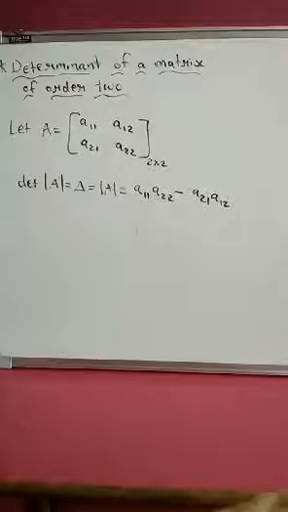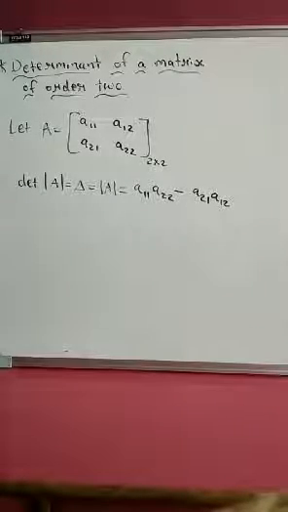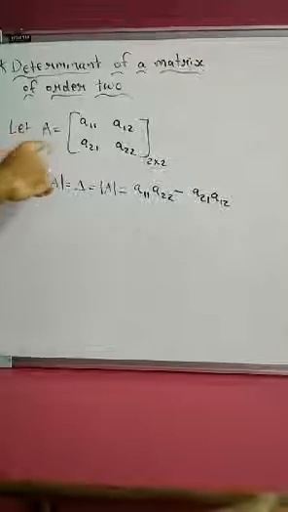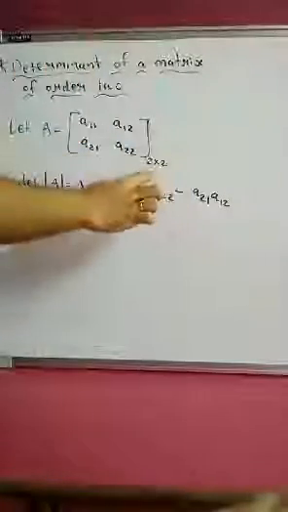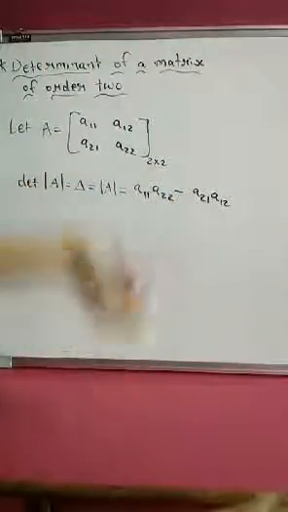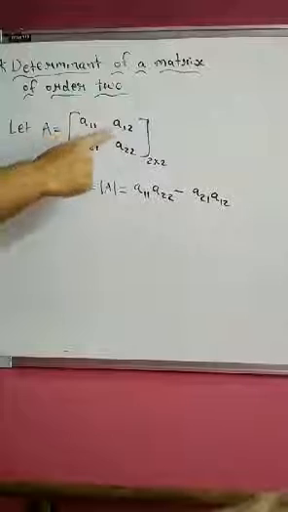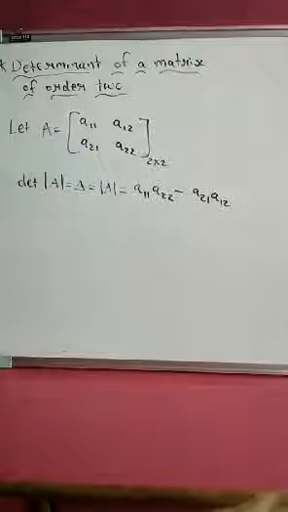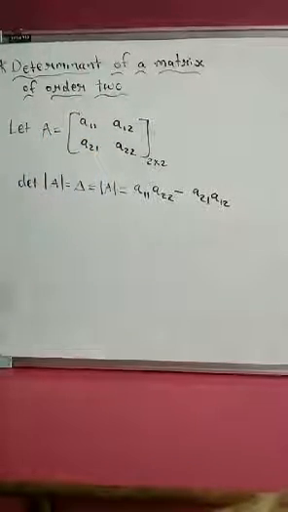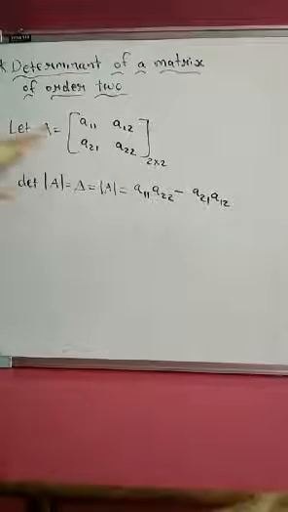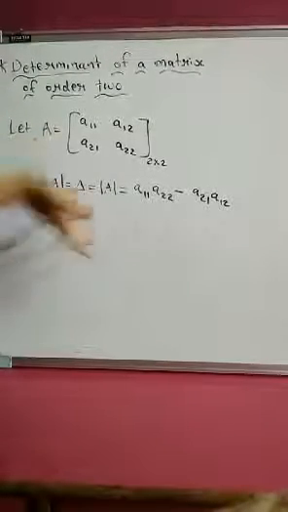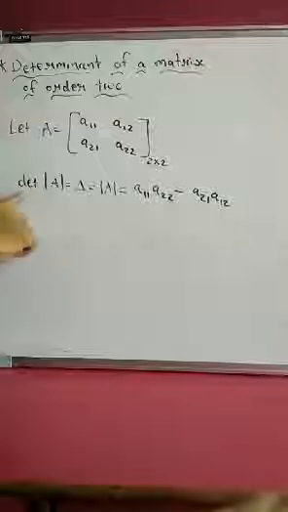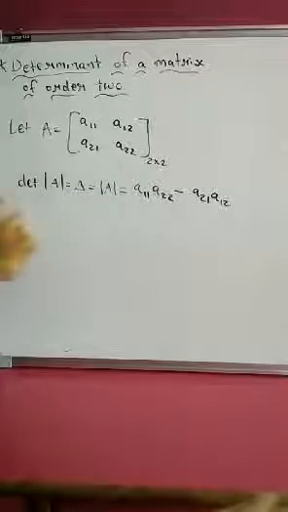What step is it? Listen. Suppose, or let capital A be a 2 by 2 matrix, which is having its elements a11, a12, a21, a22. Now you want to write its determinant. So how will you write? You can denote it by any one of these three.